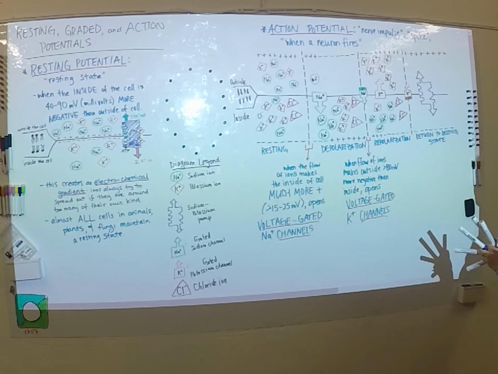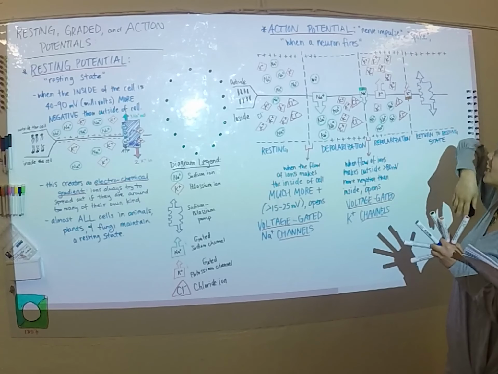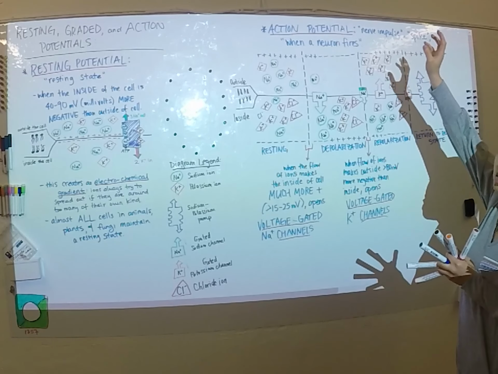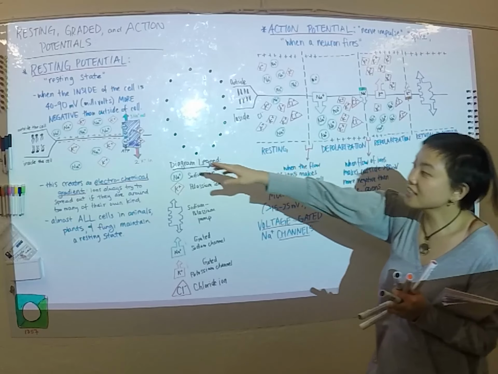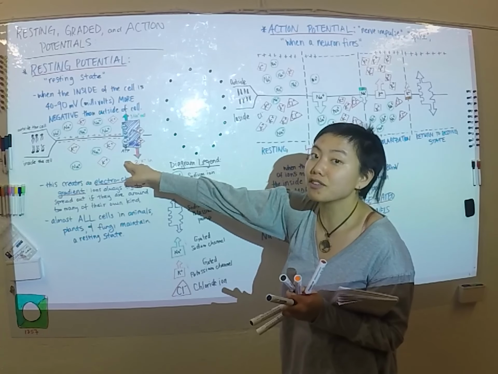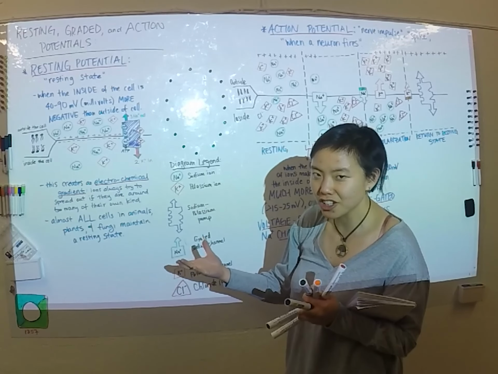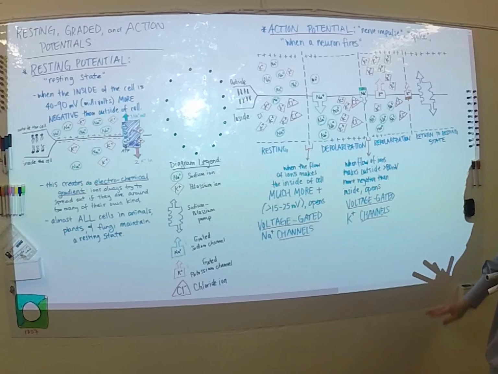couple of details. So when the potassium rushes out of the cell, sometimes so much of it rushes out that the inside becomes even more negative than it is at the resting state. That's called hyperpolarization, okay? And that's also something that can be fixed by the sodium-potassium pumps.